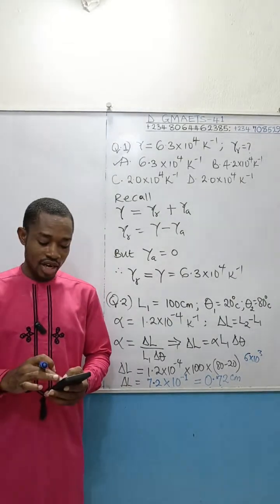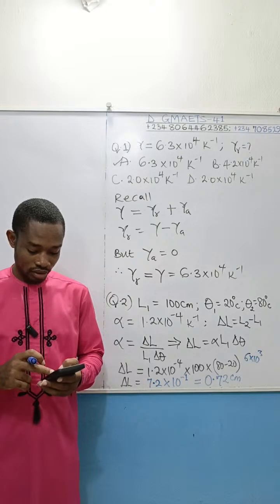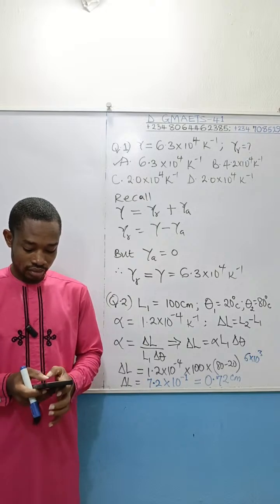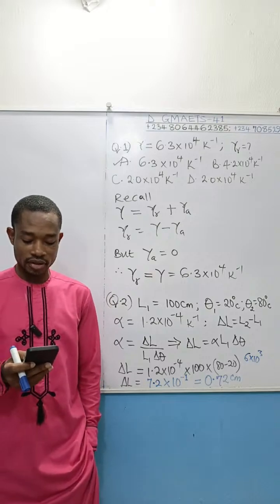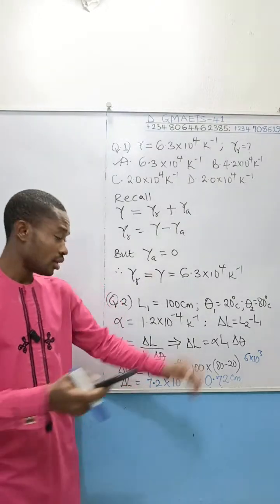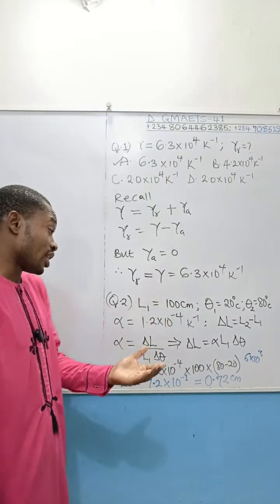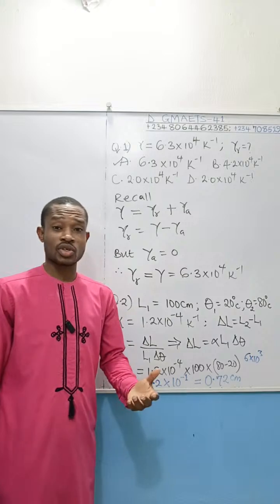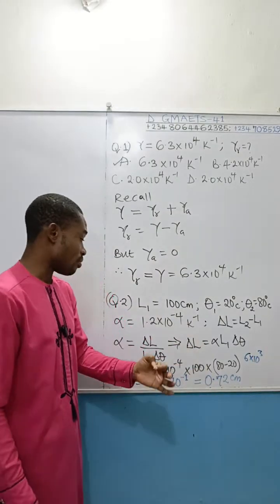All right, so that's how you solve this particular question. Unfortunately, the answer is not here. We can look at it and see, once again, did we make any mistake? As a student, when you solve a question, you want to ensure that you are very accurate.